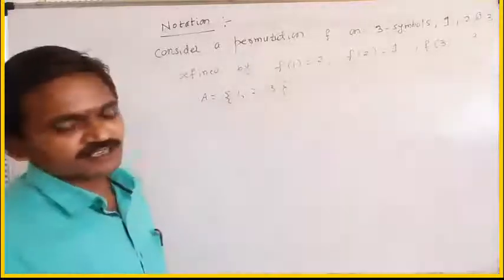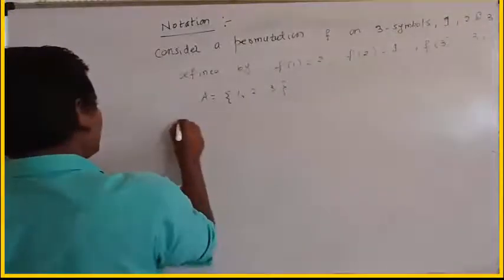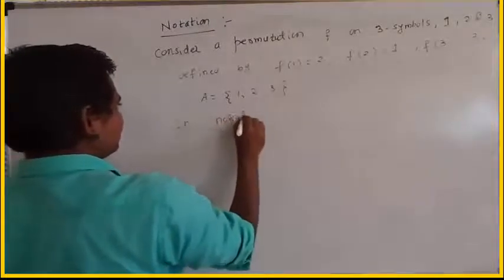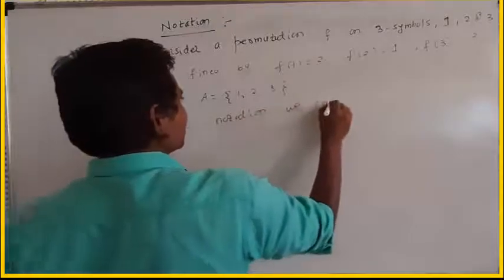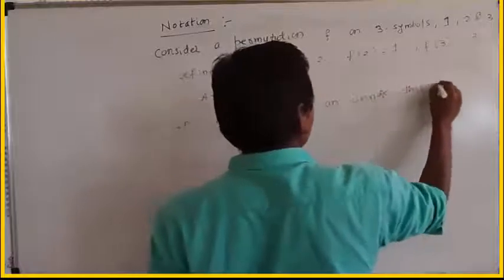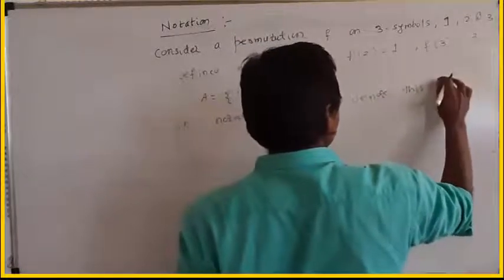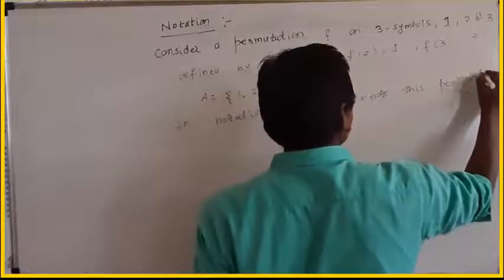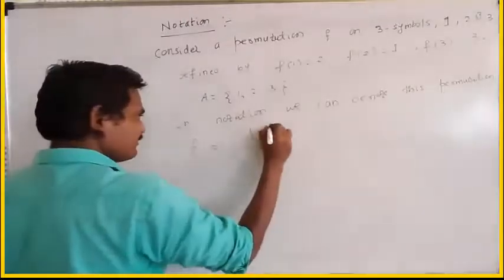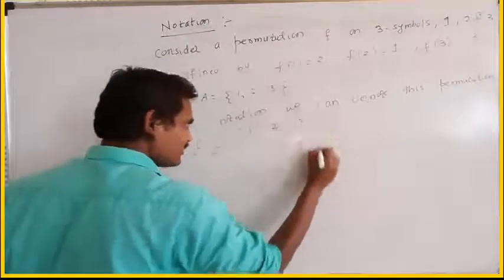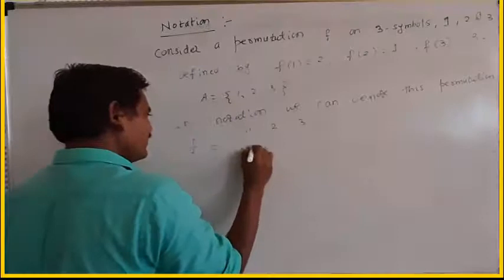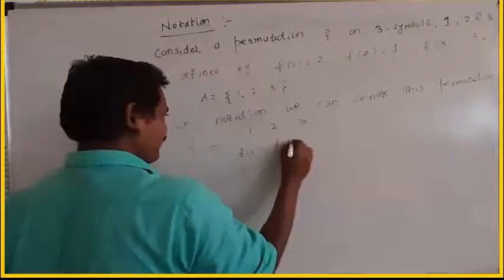This permutation, or bijective function, in notation we can denote as permutation f is equal to, see here, these are the symbols, a permutation on the symbols 1, 2, 3, and then the images: f of 1, f of 2, f of 3.